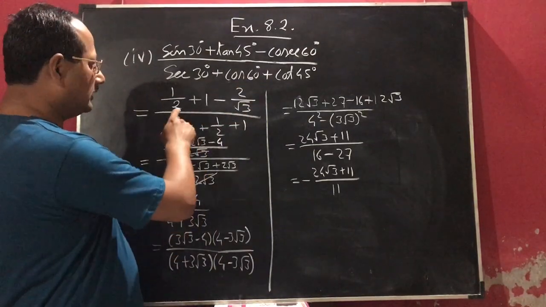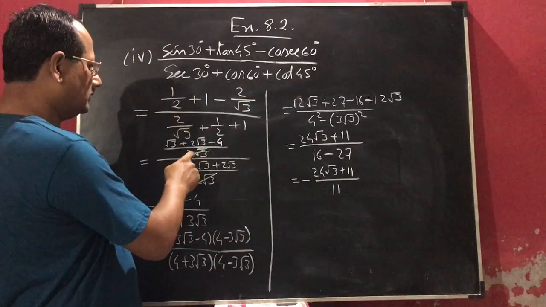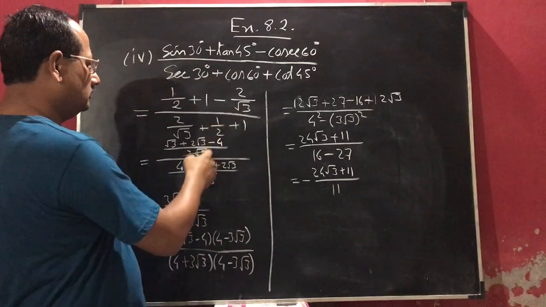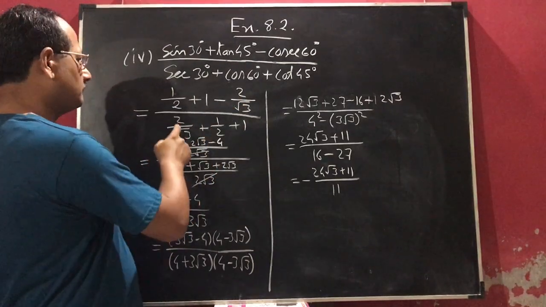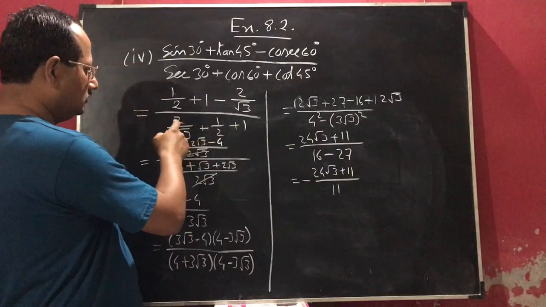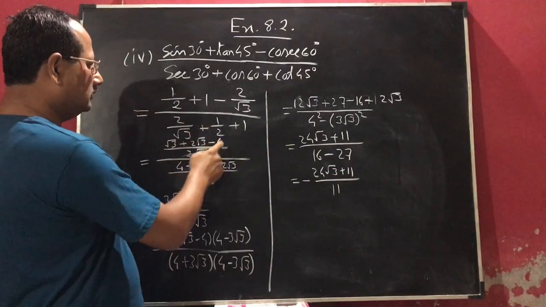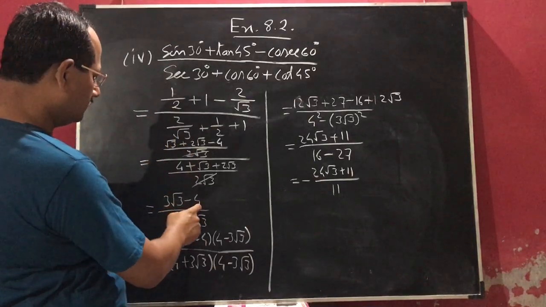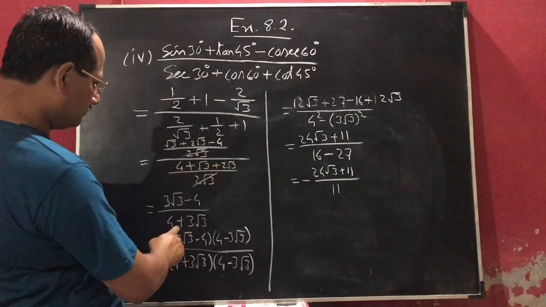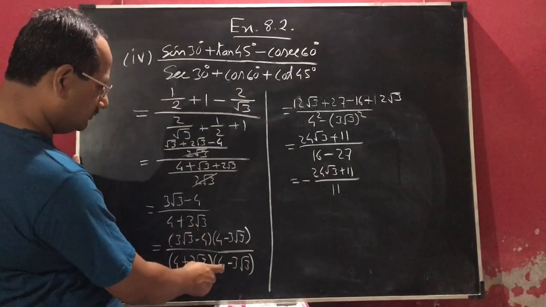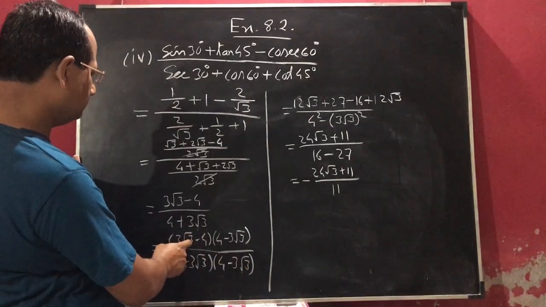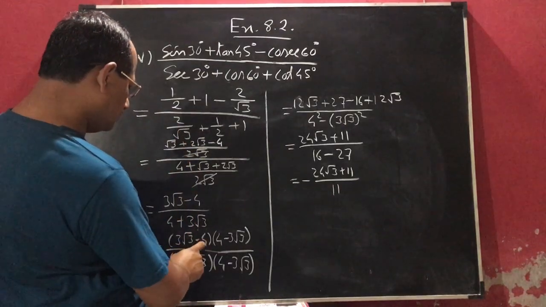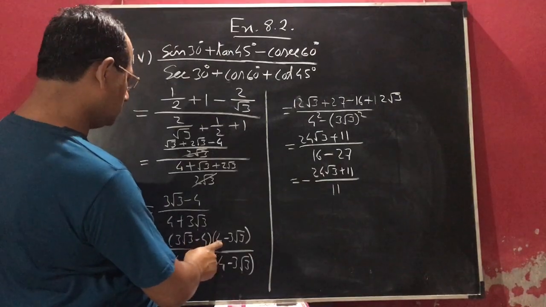Then take LCM 2 root 3, 2 divided by 3, root 3 into 1 root 3, 2 root 3, 4. Okay? Then it is 3 root 3 minus 4, then 4 plus 3 root 3. 4 plus 3 root 3, 4 minus 3 root 3. Then 4 into 3, 12, 12 root 3.